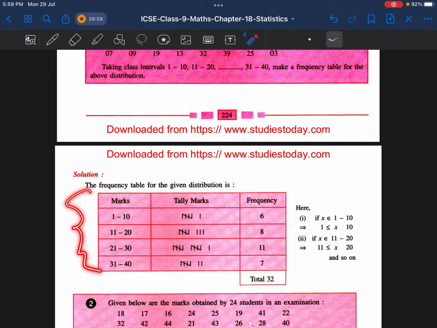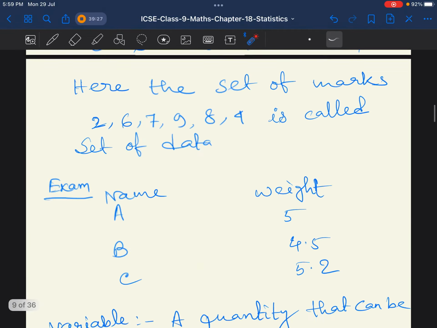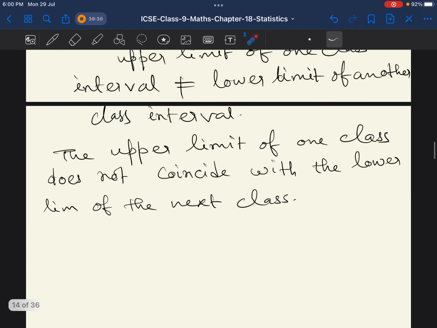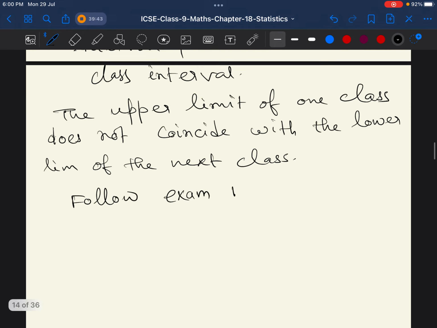Here 10 is not in the second class interval. This is the inclusive distribution.